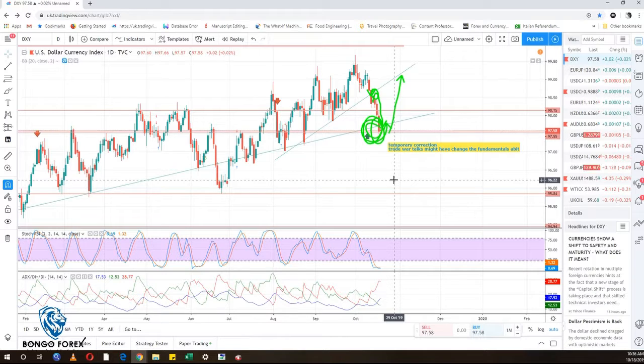Let's see what happened. The dollar broke through that mini trend line and went all the way to the main support area, also the main support trend line of the uptrend. That was my analysis for the last week, and I said that will constrain our trades for this week, because you don't want to trade anything that goes against the trend.